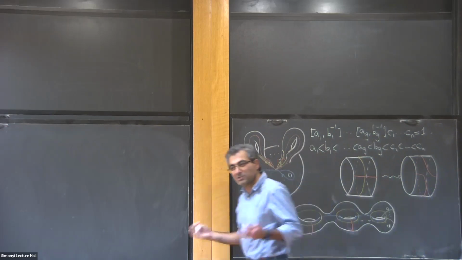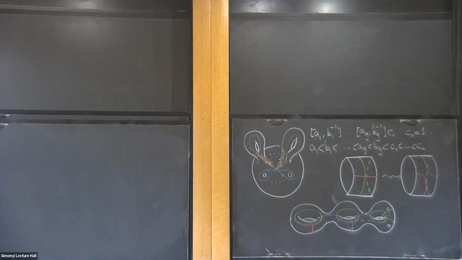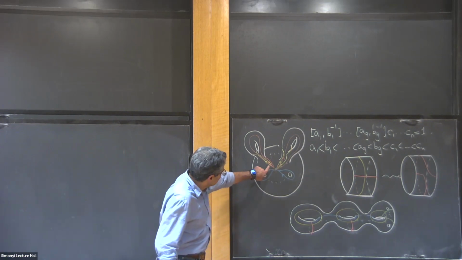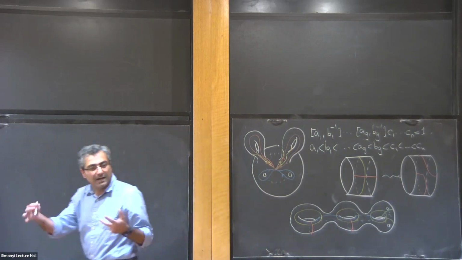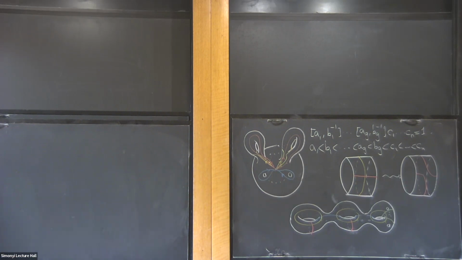That's why this type of generating set is called an optimized set of generators. You can understand them by looking at a small neighborhood of your base point and following the arrows. The arrows can tell you whether you have an optimized set of generators or not. I will come back to why it is important to have these as simple paths.